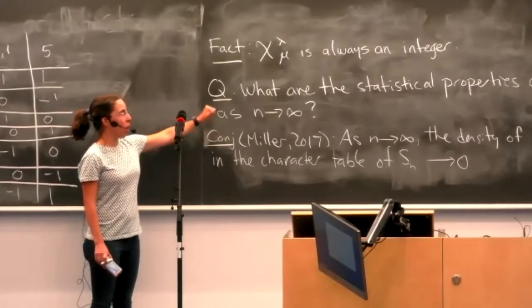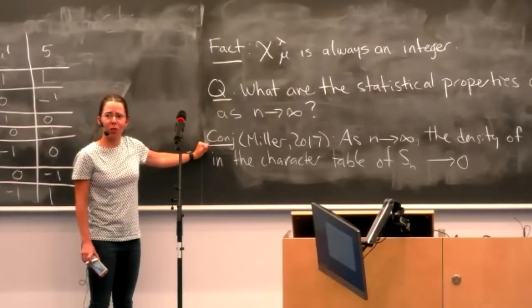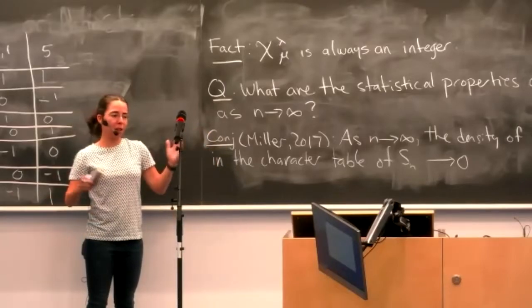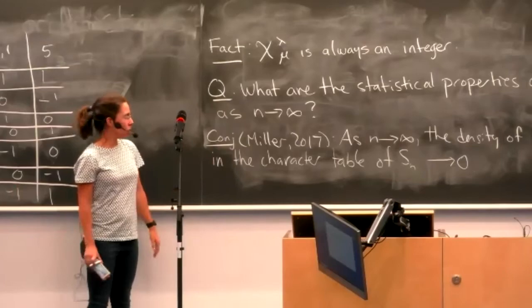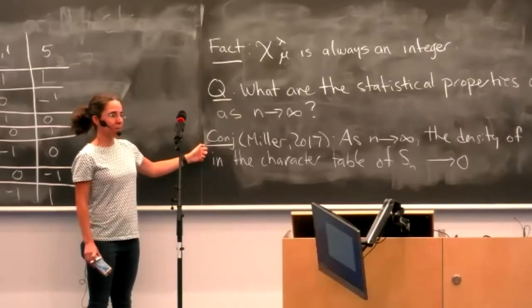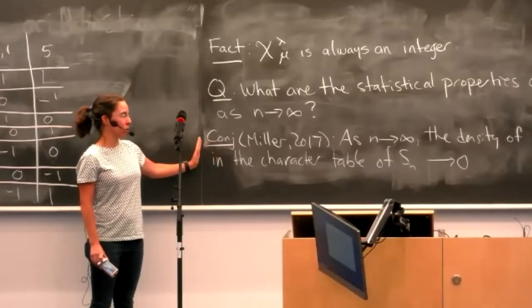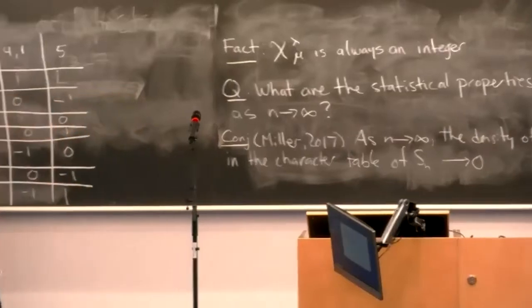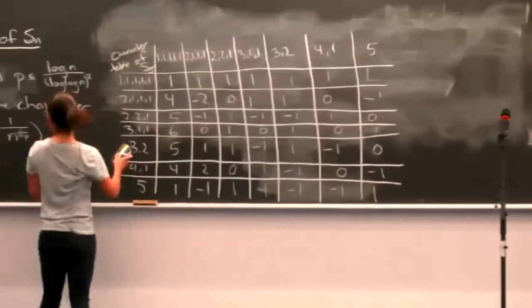And no one had thought to look at this before, even though there was all this interest for decades in seeing how big of character tables of the symmetric group we can compute. Apparently since the 60s, people had been interested in this zeros question, but not until Alex actually looked into this did maybe anyone care.